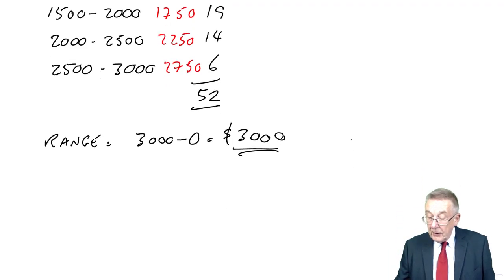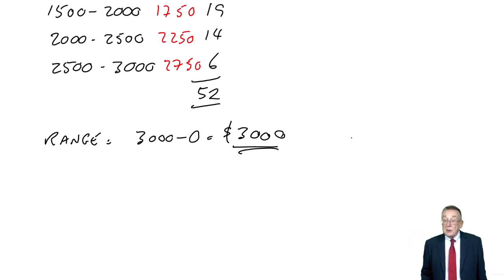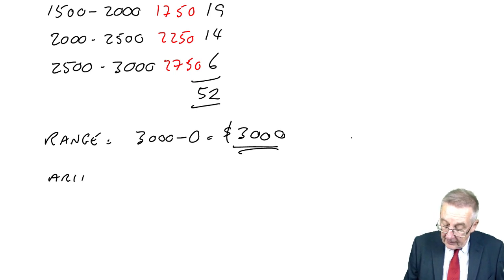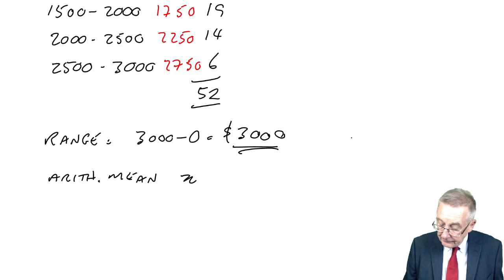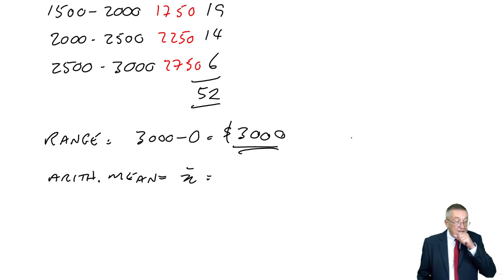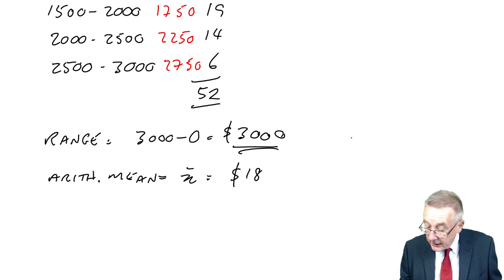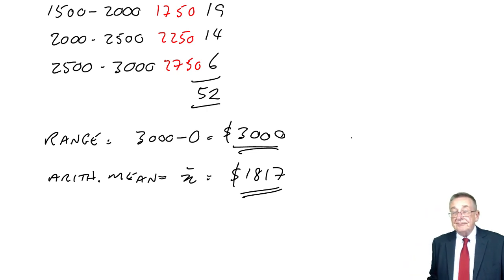If you look back, I'm not going to waste time here, we already worked out the arithmetic mean, x bar. Excuse me, I'm looking back to example 3. Yes, we got 1,817.